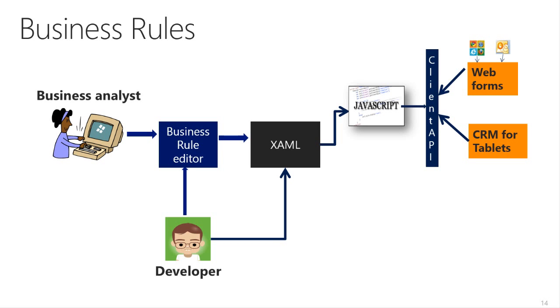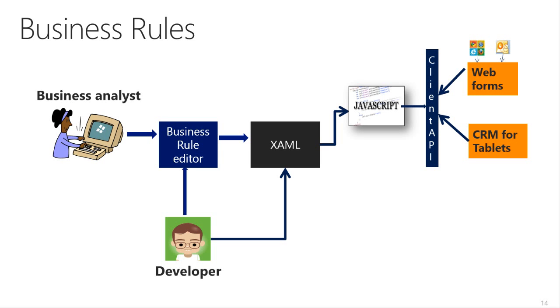What you see in this diagram here is the business rule editor, which can be used by a business analyst who can model their simple logic, and a developer may also have some input in it. So the end result would be some business rules that can be applied to the forms.